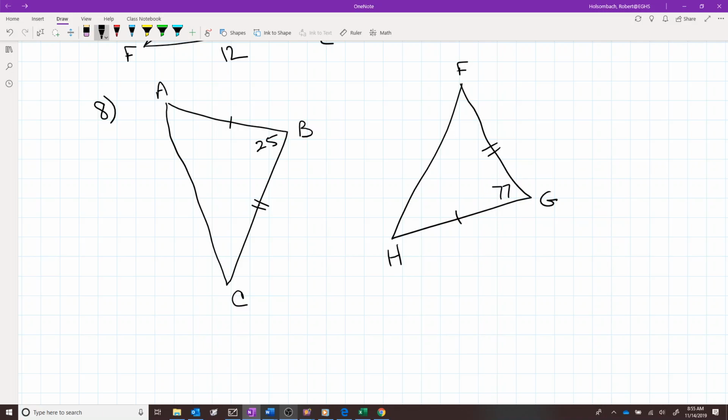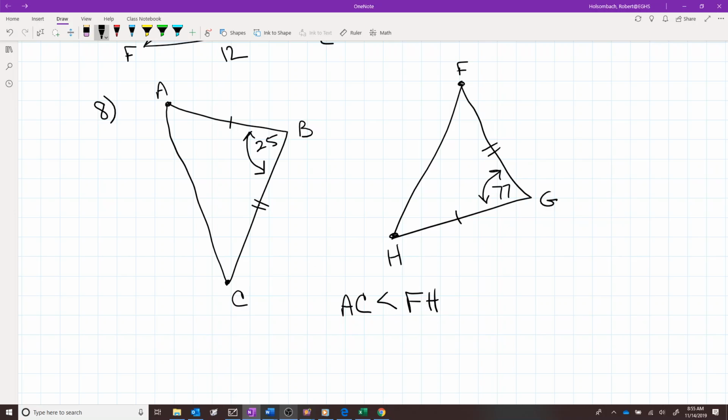But this angle B opens up 25 degrees, doesn't it? And angle G opens up 77 degrees. So how can you compare the length of AC to FH? Isn't AC going to be less than FH?